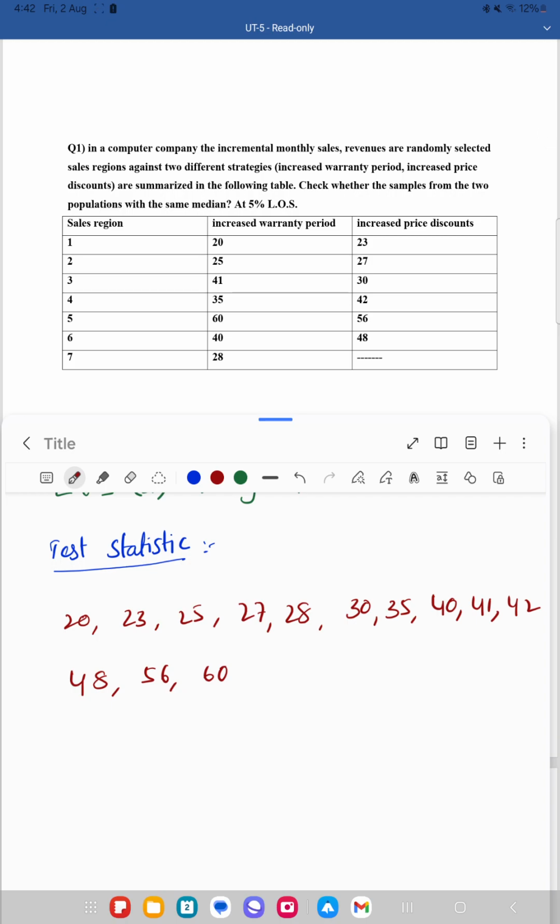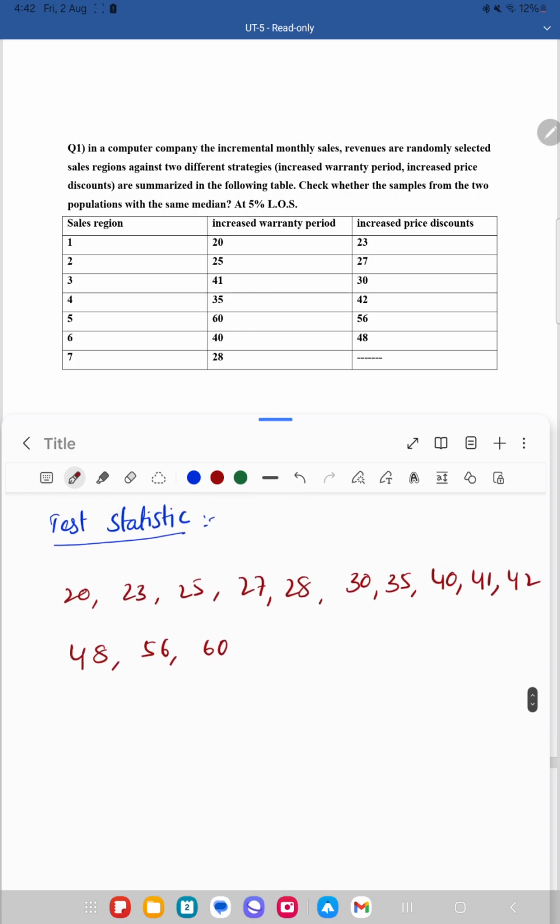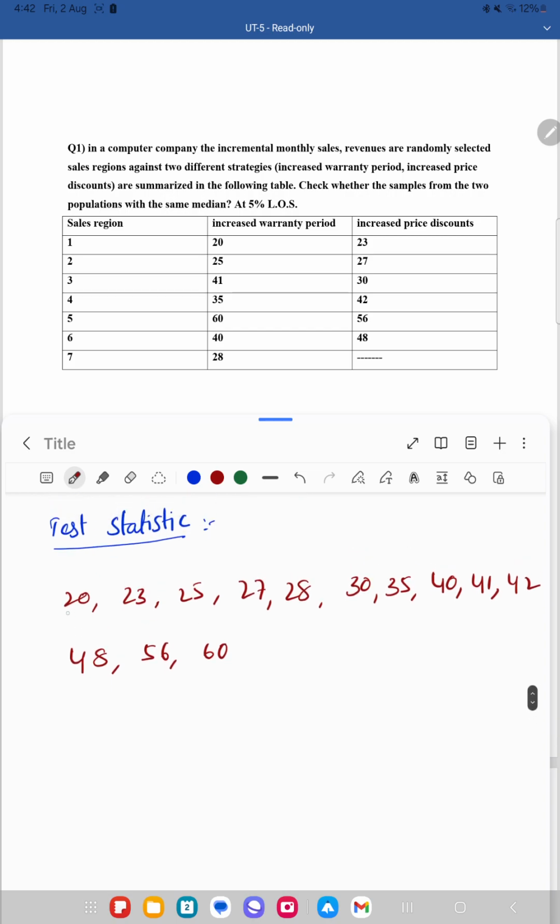Once we get ascending order, our target is to find the median. We have a total of 13 observations, so the median is the 7th observation.